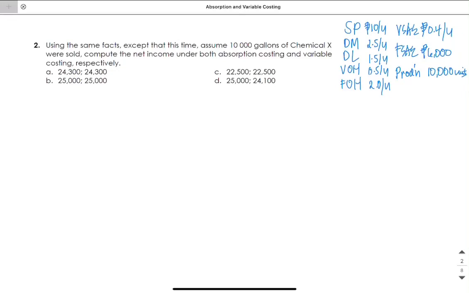In question number 2, however, we have here 10,000 gallons of sales. Remember we have 10,000 units of production, and our sales is also 10,000. So all units that we have produced were sold during the year.